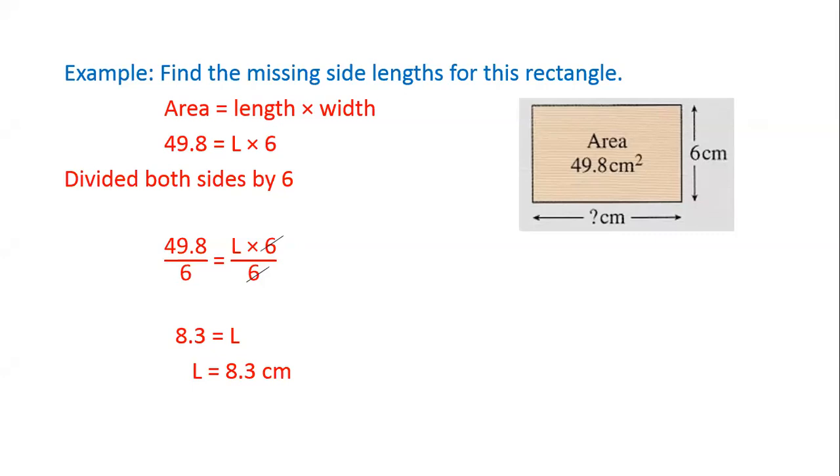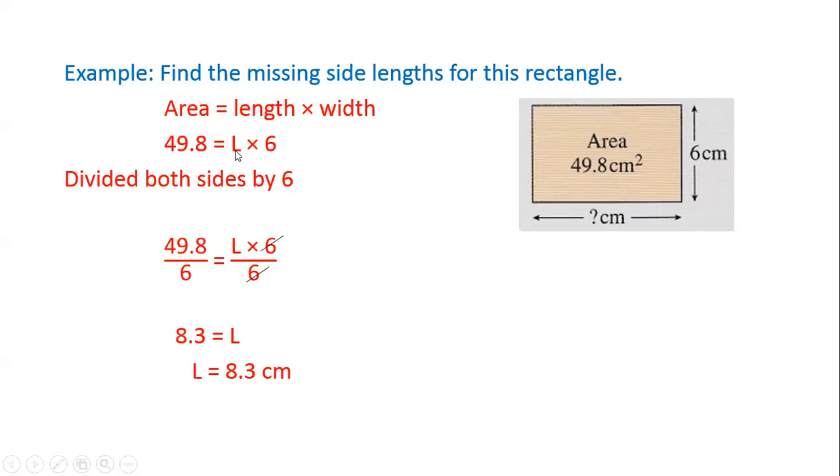You have to do the same step. Write area equals length multiplied by width. Under area, write the value of area: 49.8 equals length, which is unknown, multiplied by width, which is 6. So L is unknown.